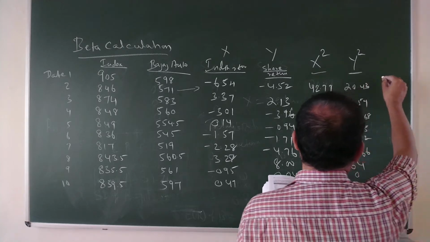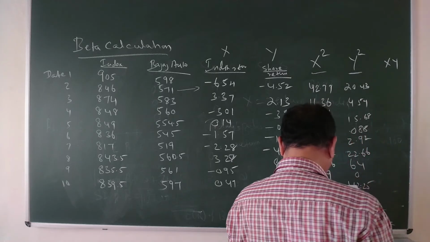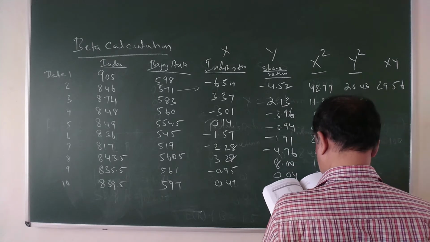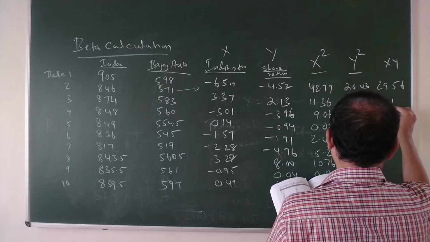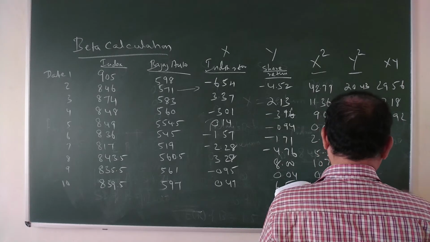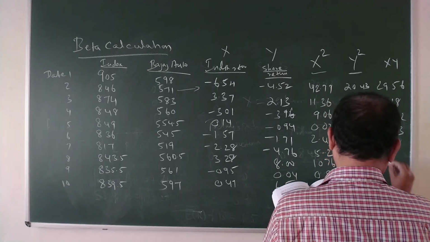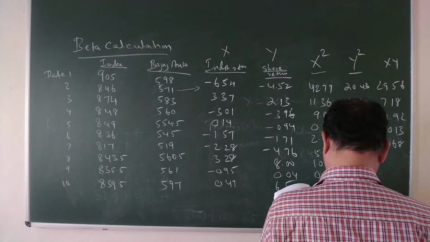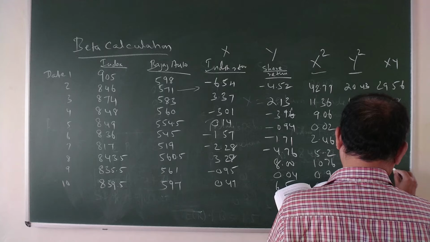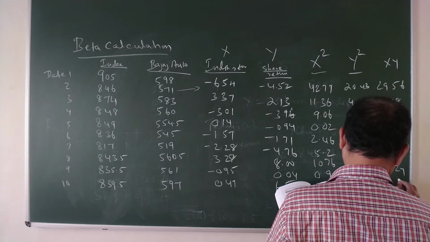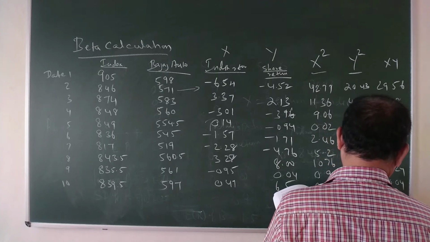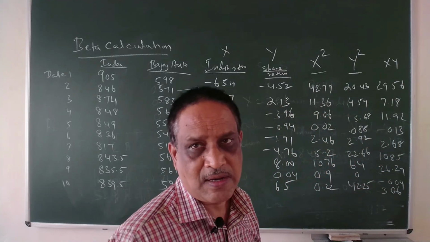And here we have x into y, x multiplied by y, that you will be getting as 29.56, 7.18, 11.92, minus 0.13, 2.68, 10.85, 26.24, minus 0.04, 3.06. So we will get all these values.